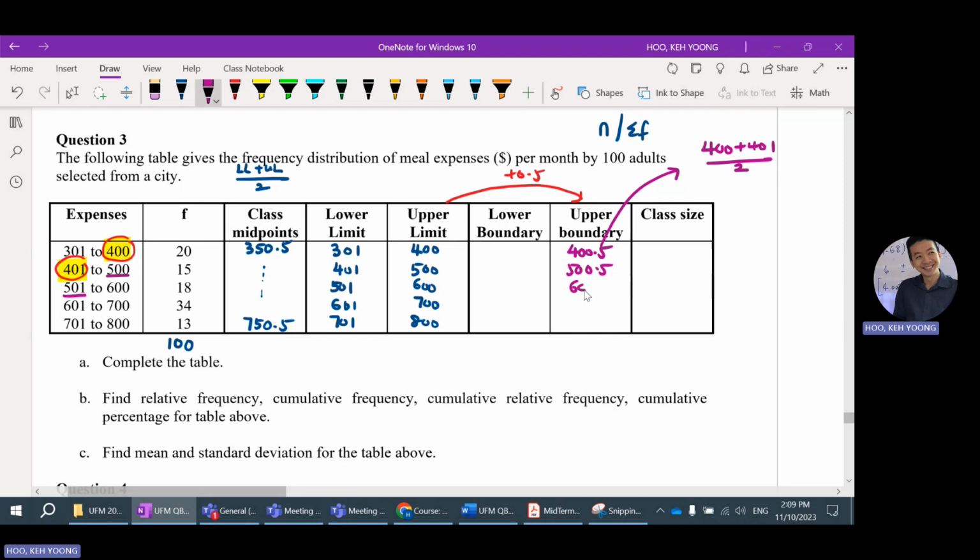So 600.5, 700.5, and then 800.5. How about the lower boundary? Lower boundary is taking the lower limit minus 0.5.